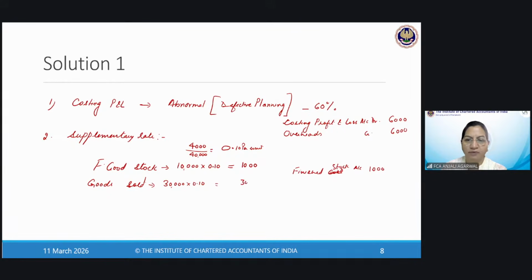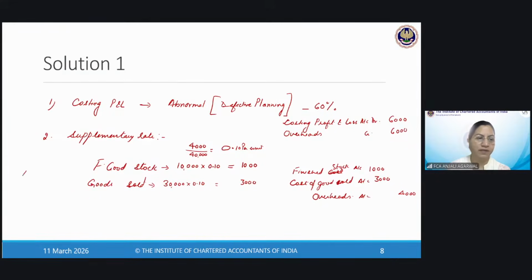By 3,000, we will increase the cost of goods sold. So debit all expenses. So whatever the goods sold has increased, the cost of goods sold account will increase by 3,000 and overheads would be credited by another 4,000. So this is how you will treat.